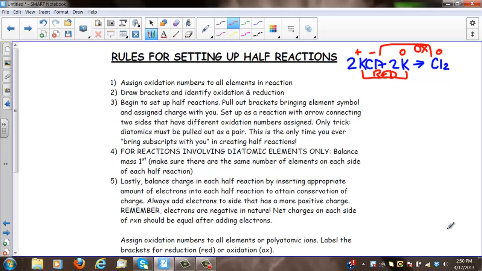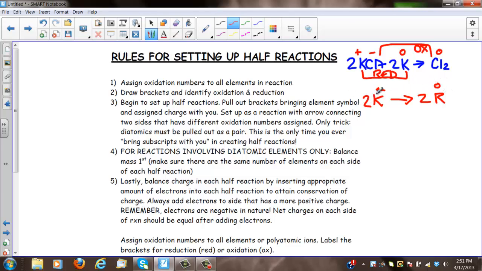So we've already done number 1 and 2. Begin to set up half reactions. Pull out brackets, bringing the element symbol and the assigned charge. So let's do K first. So we have K plus going to 2K. So the first thing that we want to do is balance our mass. So we're going to put a 2 here. And this is going to K0.